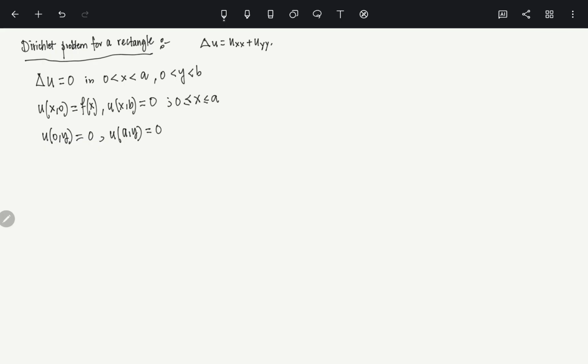Let me do this and I will explain why we are taking this sort of boundary condition and why not something else.